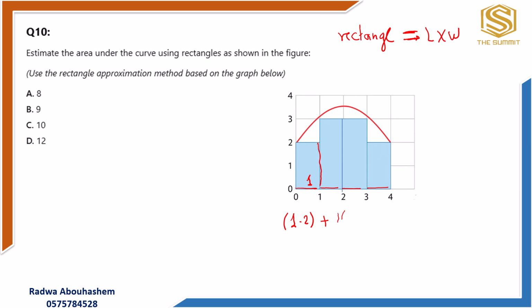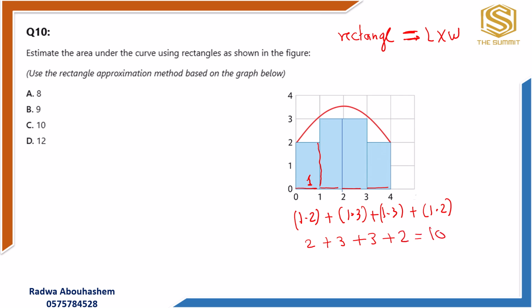So 1 times 3, again 1 times 3, again 1 times 2. So 2 plus 3 plus 3 plus 2 gives me 10.